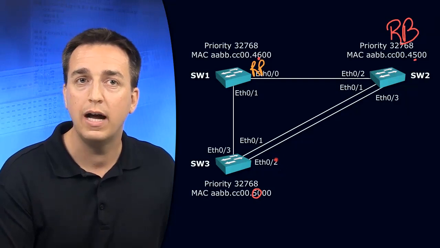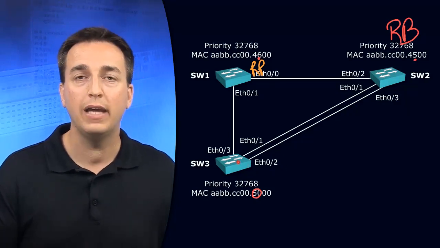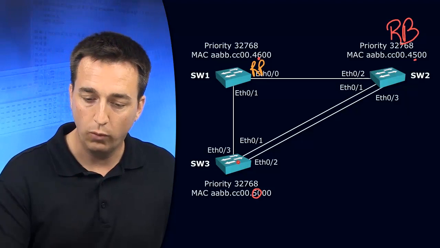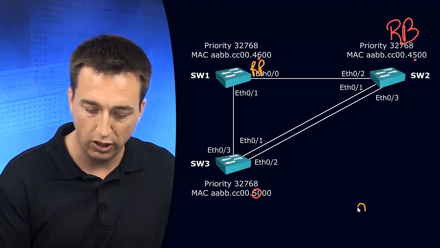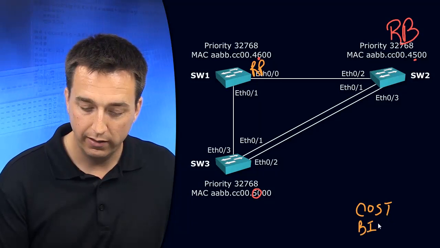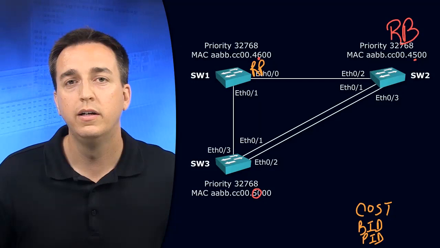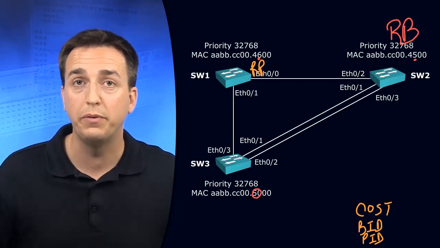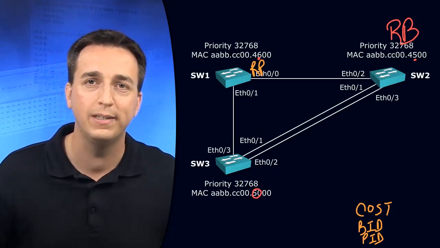So how do we break the tie? Well, the next item to look at after cost is what? Let me write them out for you. We had cost, upstream bridge ID, and then upstream port ID. So cost is tied, so now we look at the upstream bridge ID, and, well, it's going to be the same.